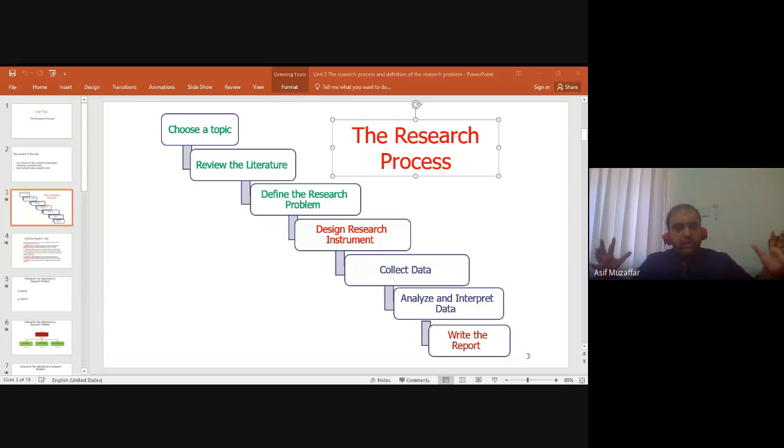So EBSCO will have a lot of journals for every field. And when you put a keyword there in EBSCO, they will show you different articles related to it.